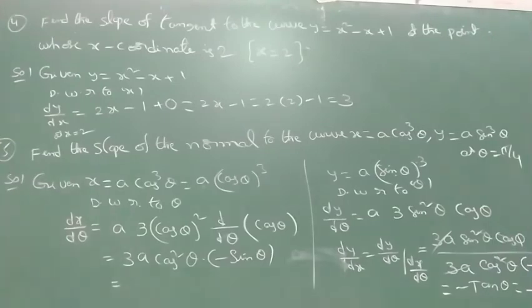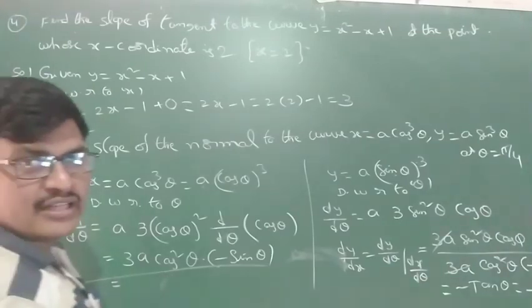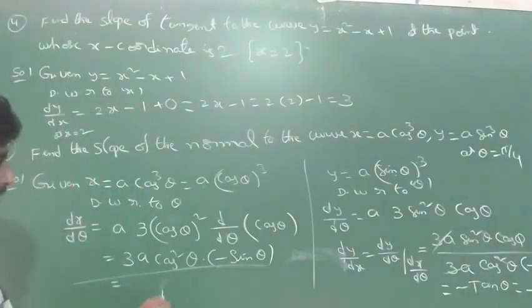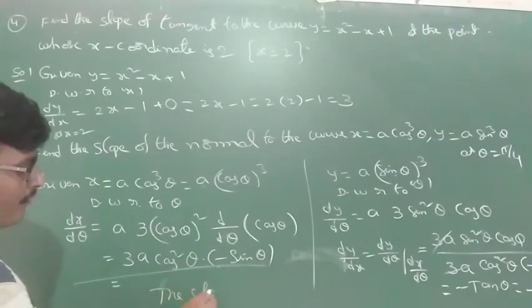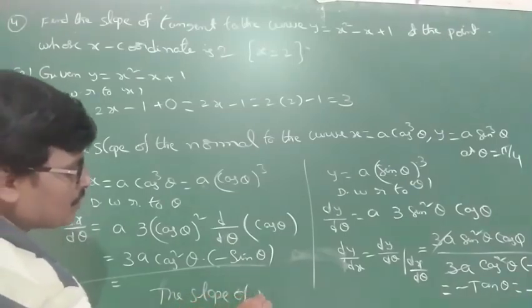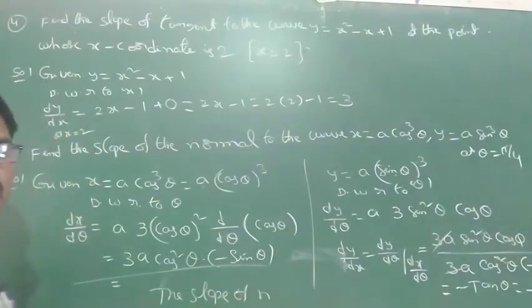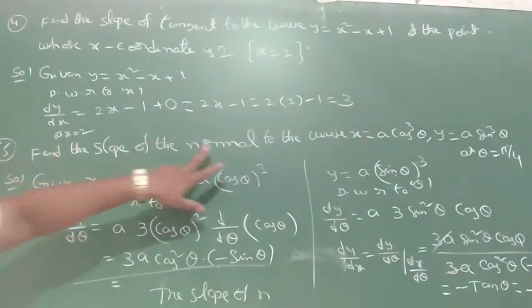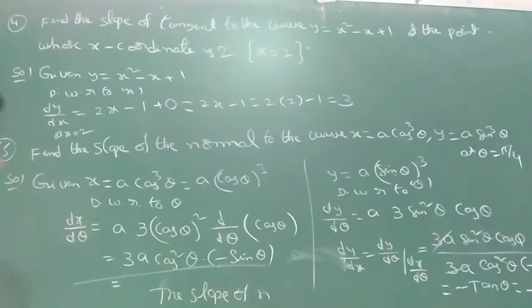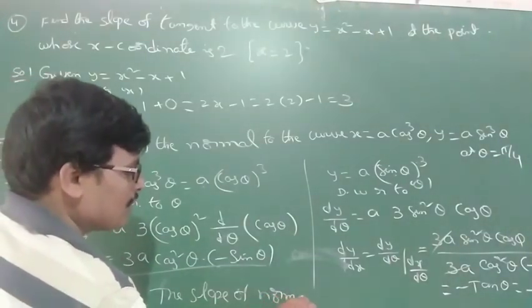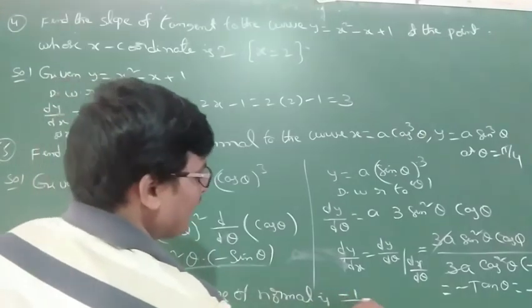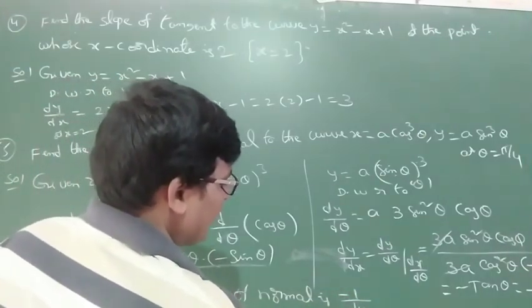So finally, what is dy by dx? dy by dx is minus 1. Now the slope of the normal: dy by dx is the tangent slope, so we have to calculate the normal from the tangent. The slope of the normal is minus 1 by dy by dx.